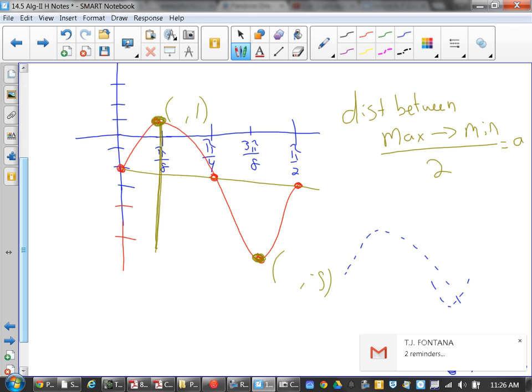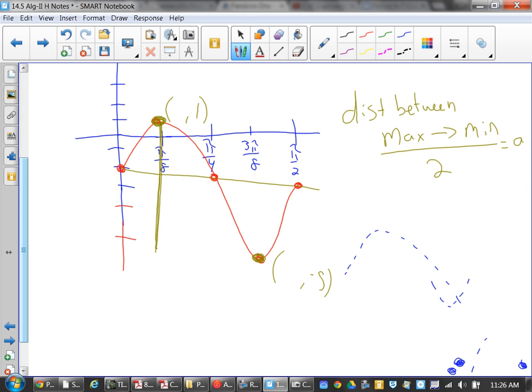Whereas a cosine starts at a maximum or a minimum, and it does not repeat that spot 3 times. You see that? Probably something you never picked up on before. Your y value is repeated in a sine 3 times through the period. Okay? That's kind of an easy way of doing that.